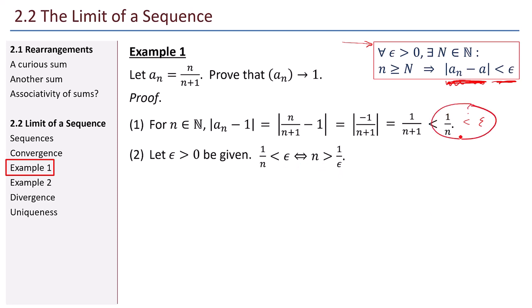I take what I want, 1 over n less than epsilon, and you can get the resulting inequality by either taking the reciprocal of both sides and flipping the inequality, or you can multiply both sides by n and then divide both sides by epsilon, remembering that n is positive, epsilon is positive. Remember your rules for multiplying and dividing with inequalities. But I find that actually what's useful is the reverse implication. If n is greater than 1 over epsilon, then 1 over n is less than epsilon.